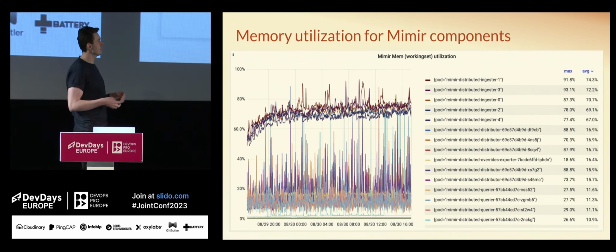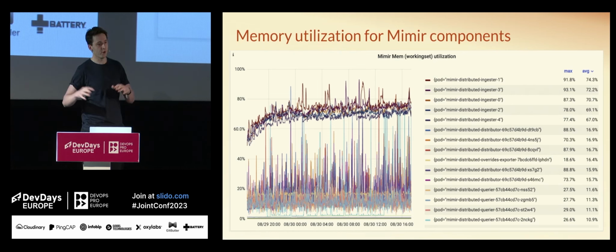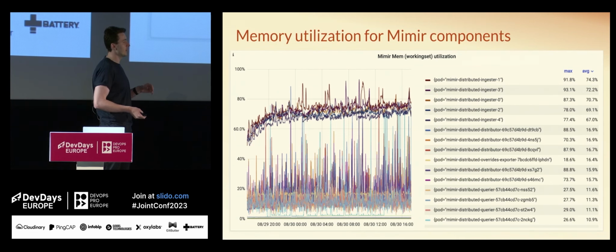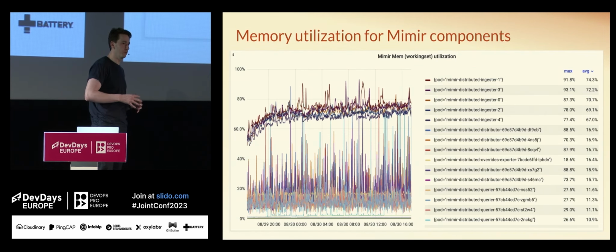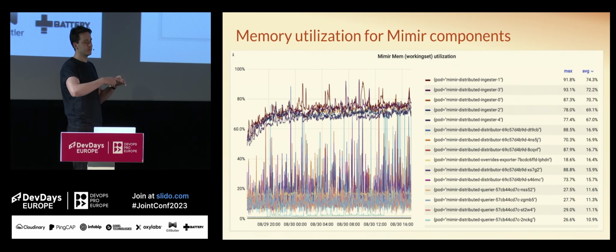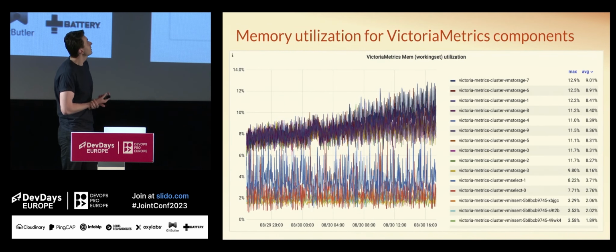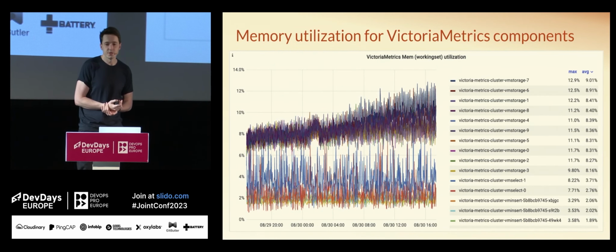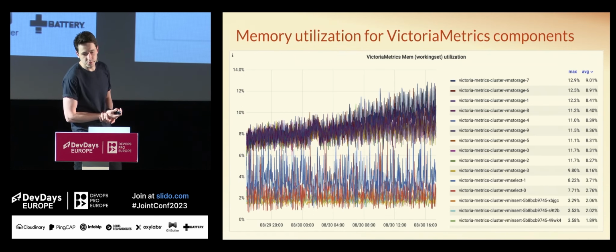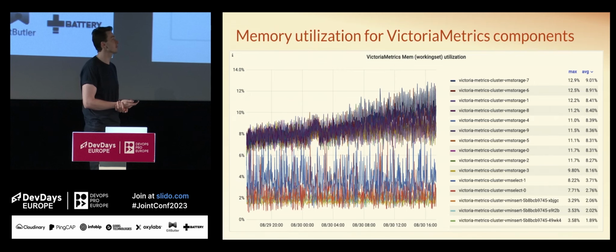This is also a sign that you can't actually scale the benchmark more after that, because you will start getting out of memory exceptions. You need to add more resources if you want to increase the workload, or you can reshape the resource allocation as well. And for VictoriaMetrics, memory utilization was kind of low. For storage nodes, it was up to 13%. So there is room for scale.